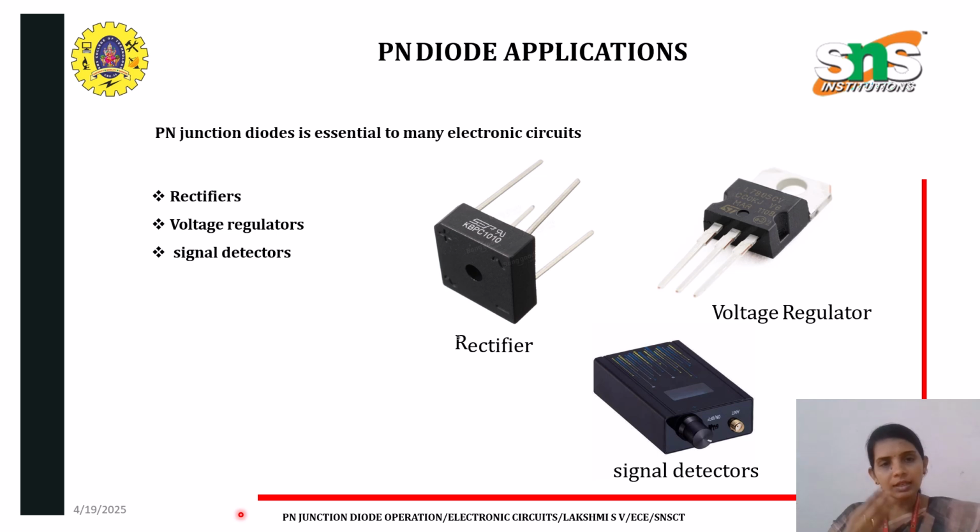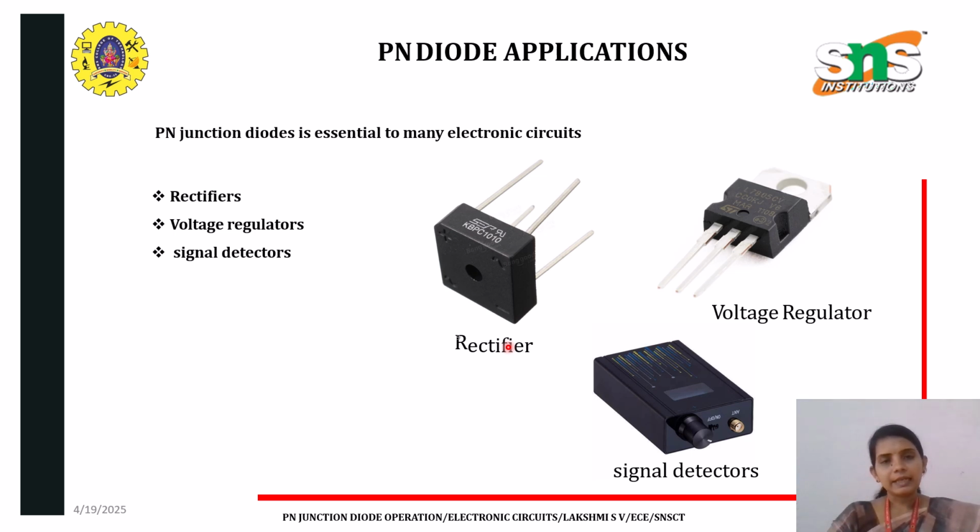So why are we learning this device? It is widely used in many applications like rectifiers, voltage regulators, and signal detectors. We all know the term rectifier, which is used to convert AC into DC. We have discussed rectifiers in the previous session. The unique property of the diode is that it allows current to flow in only one direction, and that makes the diode work as a rectifier.